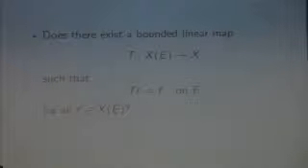Well, maybe that's the main question. Does there exist a bounded linear map from X of E to X that extends? So can you pick the extension to depend linearly on the function to be extended? And can you do it in a way that the norm is controlled?